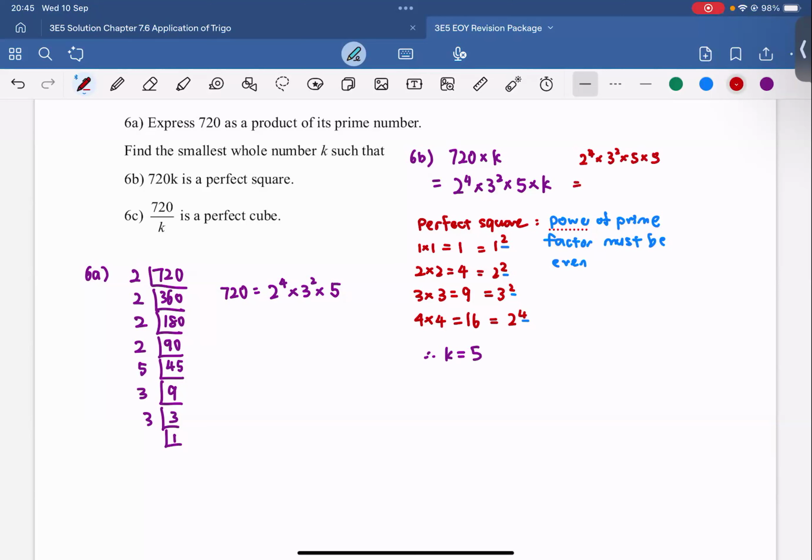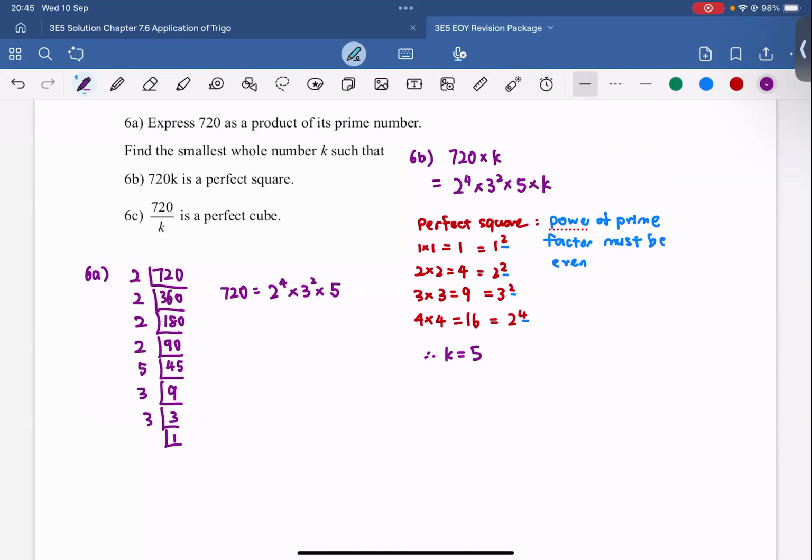When the two 5s multiply together, you will get 5 squared. Can you see? Now everything is even already. So therefore k is 5, so that you can change the 5 power 1 to 5 power 2. And that is when all the prime factors have even power, and that is when you know that that number is a perfect square.